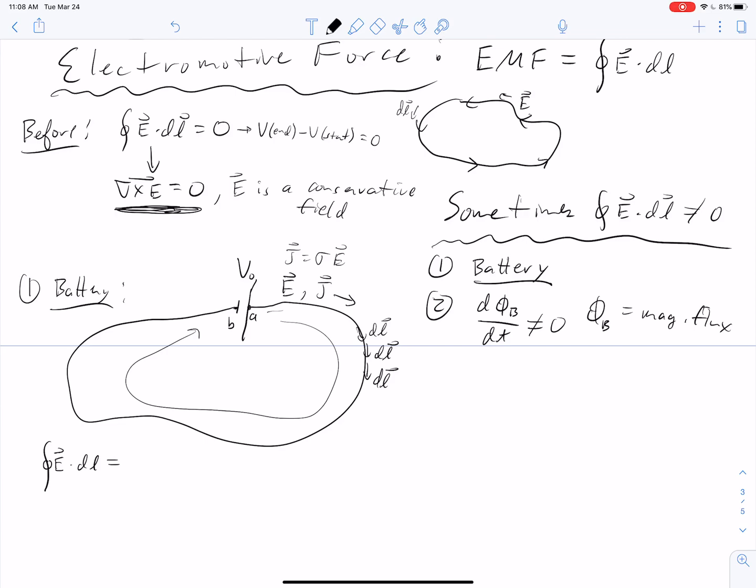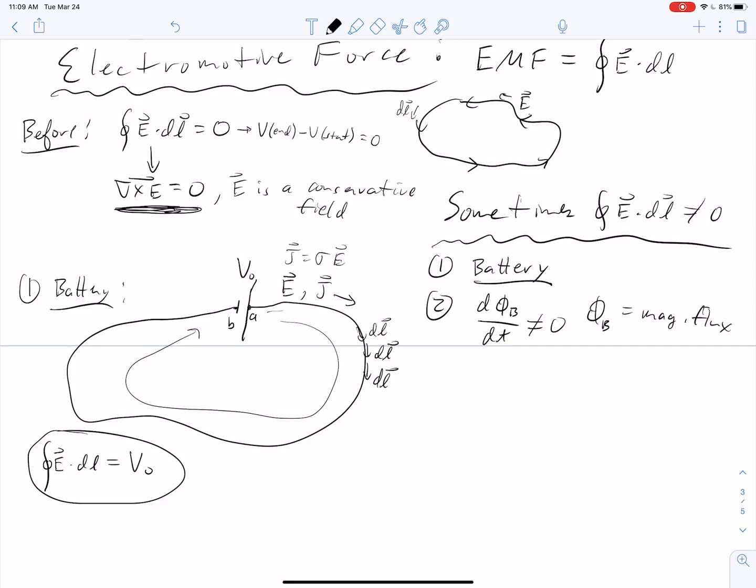Well, let's assume that the battery is really small, so that A and B are almost the same point. Then the integral of E dot dl is simply going to be equal to V naught, the battery. The battery is creating this potential difference. The battery is making it so that the E dot dl around this current loop is not 0.